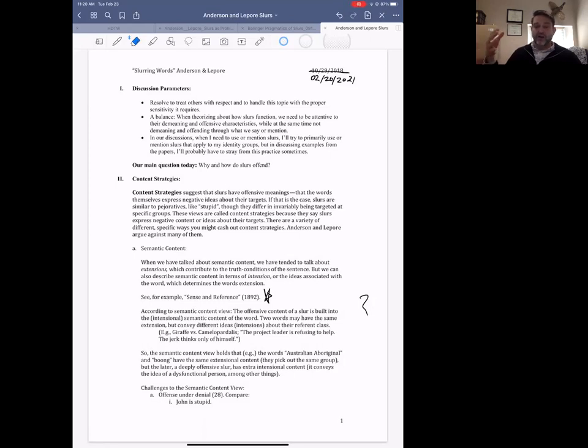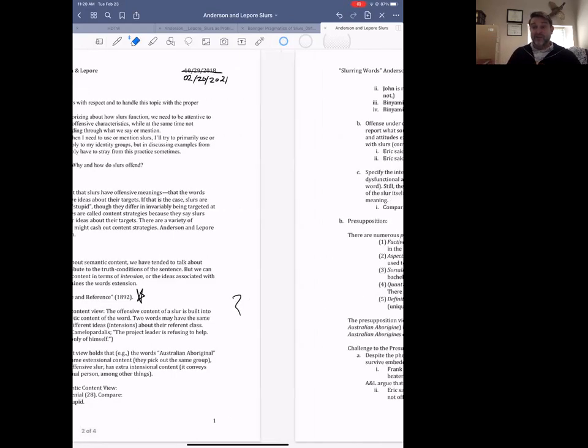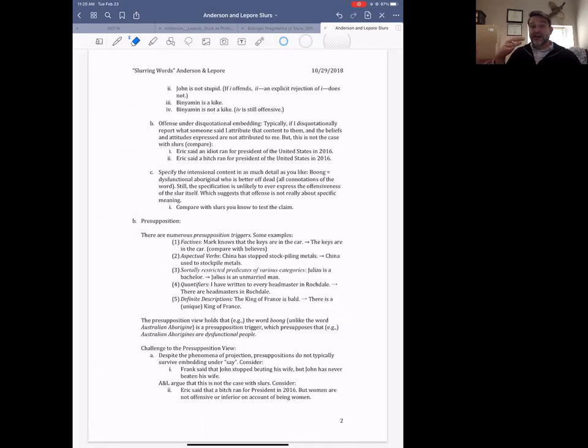So here's one objection to the semantic view: it has to consider offense under denial. We might consider the sentence "John is stupid." That's not a slur word because it doesn't pick out a group of individuals, but it is offensive to John. Now what we find is that if we negate it, if we say "John is not stupid," that offense goes away.